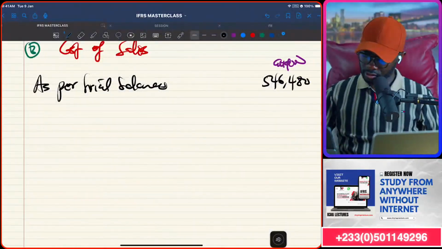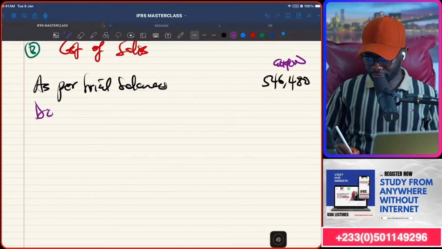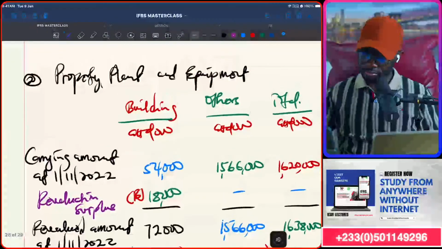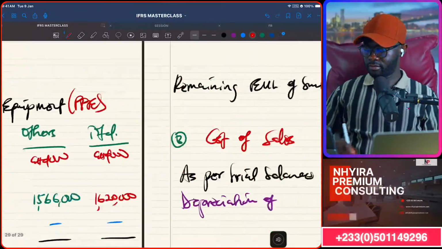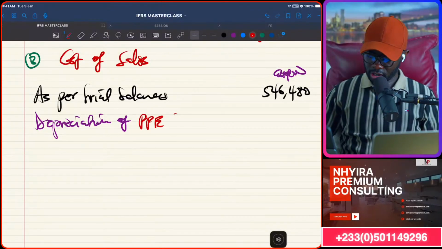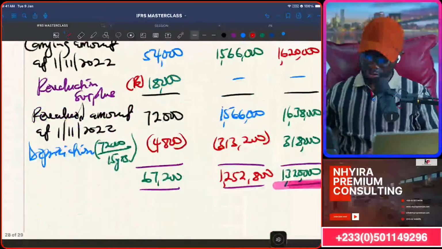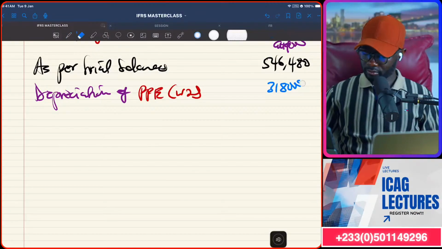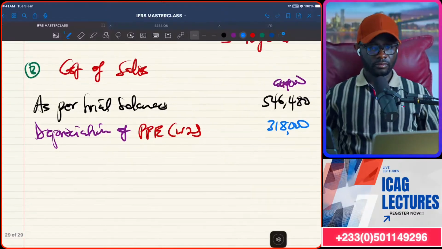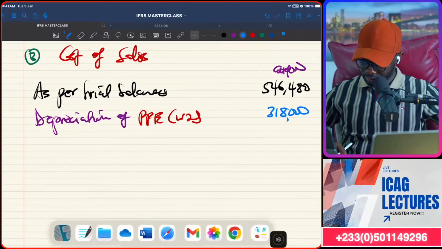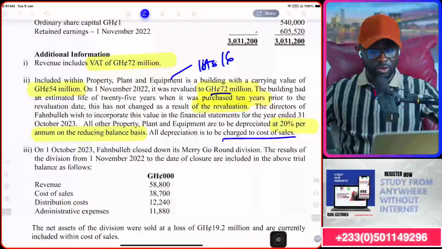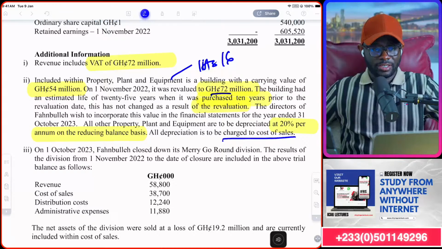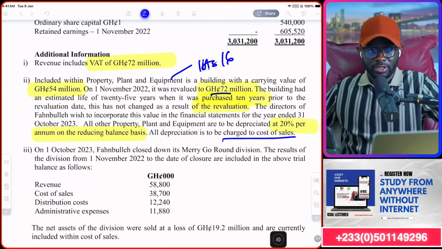Then we bring in the depreciation on PPE from workings 2, 318,000. There we go. So that is note 2, IAS 16, revaluation of assets and depreciation of assets. Very sweet, simple, straight to the point.